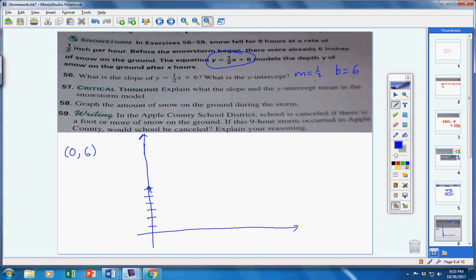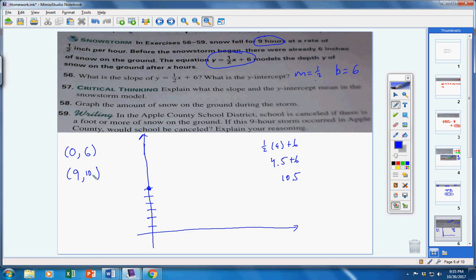Correct. And it snowed for how many hours? 9 hours. So let's put a 9 in for x. And how many inches do we have? Well, 1/2 times 9 plus 6, that would be 4.5 plus 6, that would be 10.5.